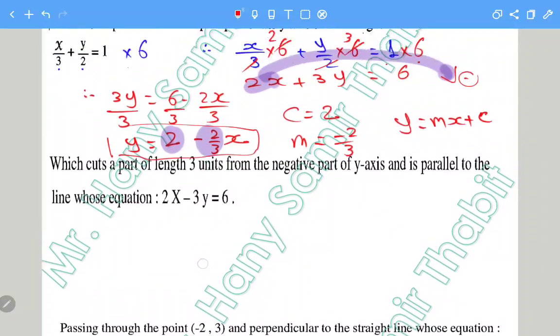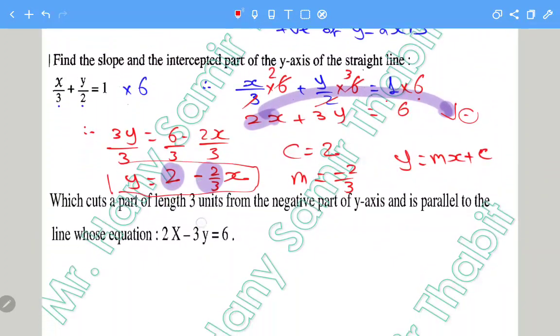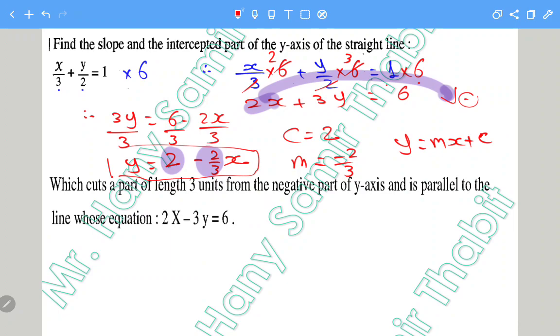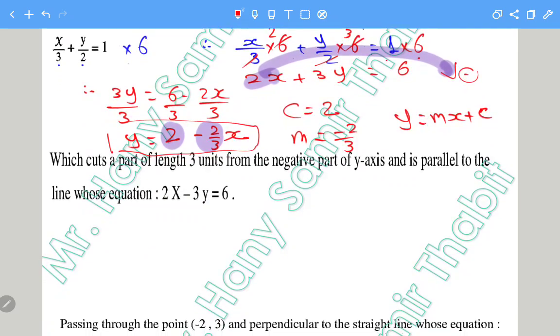Find the equation which cuts a part of length 3 units from the negative direction of the y-axis and is parallel to a given line. C equals 3 units from the negative direction of the y-axis, so c equals negative 3.